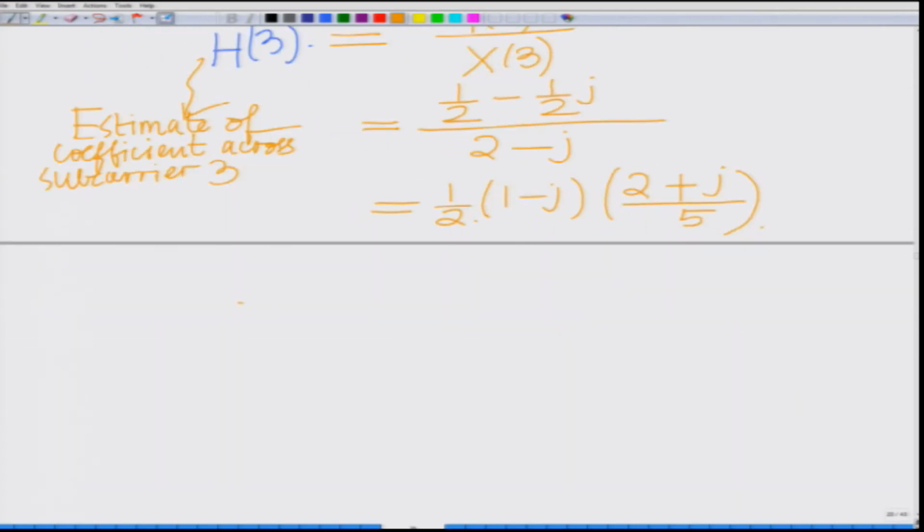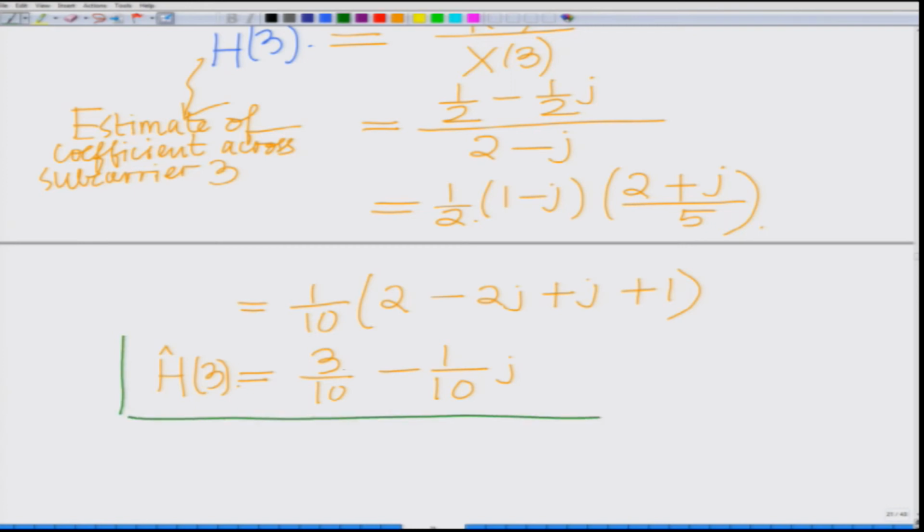This is 1 by 10 times 2 minus 2j plus j plus 1, which is equal to 3 by 10 minus 1 by 10 j. So, capital H hat 3 equals 3 by 10 minus 1 by 10 j.